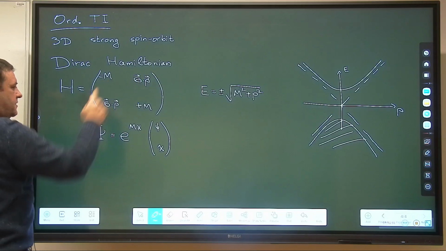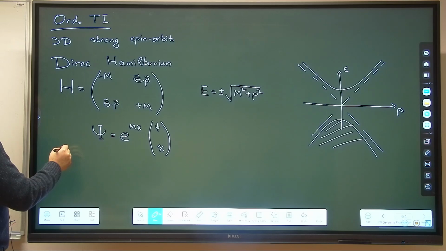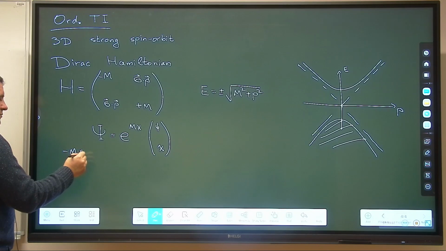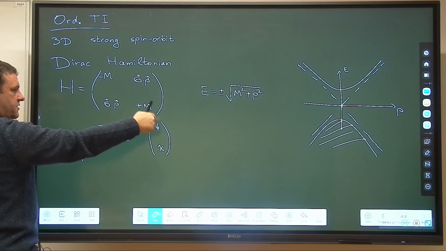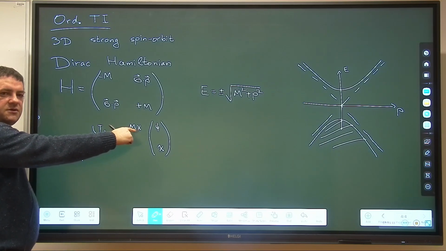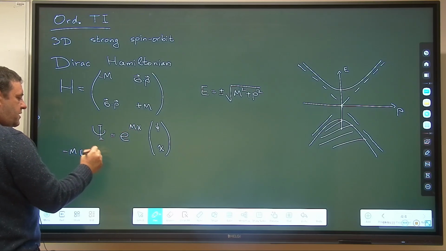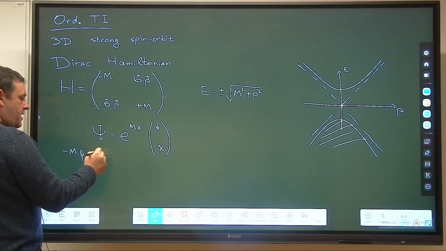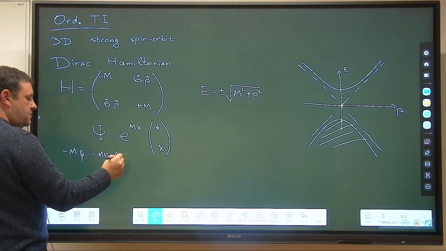We act with the first row in this column, and we get minus m times psi from here, and sigma p acting here, actually p is the derivative, it's px, py, pz, there are derivatives, so we can take derivative in x acting on this exponent, so it will be minus i m sigma x times chi.